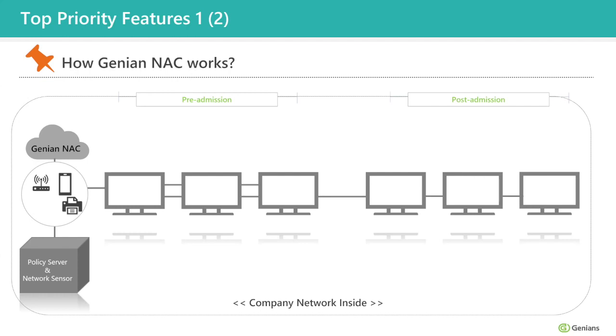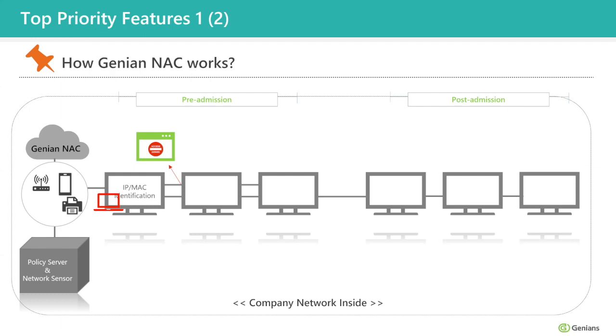Under the pre-admission, Genian NAC detects and collects the device's IP and MAC address. If the device is new and its IP and MAC are not registered, Genian NAC does not allow these devices to access the inside.